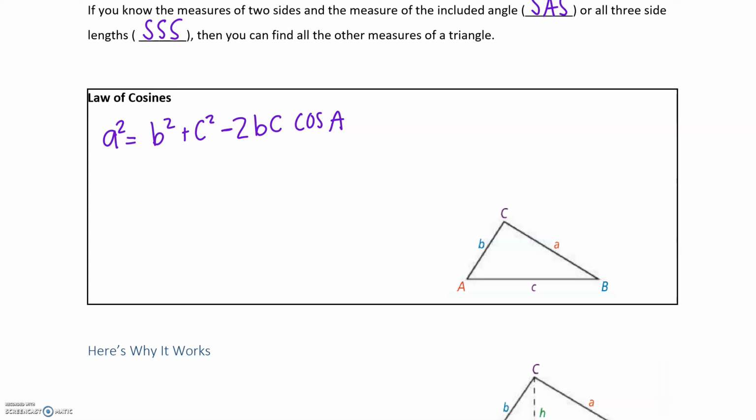So if we're looking for this a right here, we're going to use the square of this other side, the square of this other side, minus 2 times the side length times the side length times the cosine of the opposite angle.